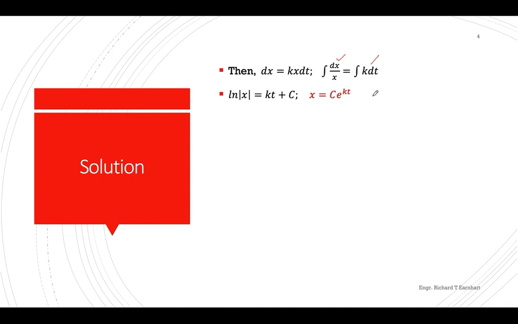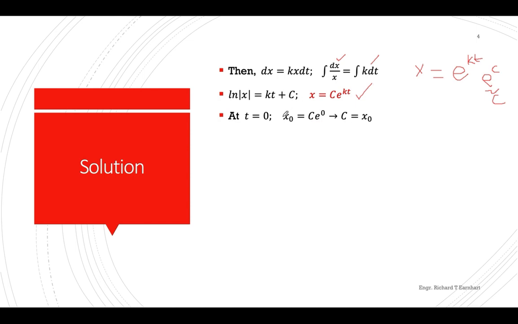Solving for x, that will give you e to the kt plus c, or e to the c times e to the kt. You can split the power, but since c is an arbitrary constant, you can represent this also by an arbitrary constant. So that will be your general solution.